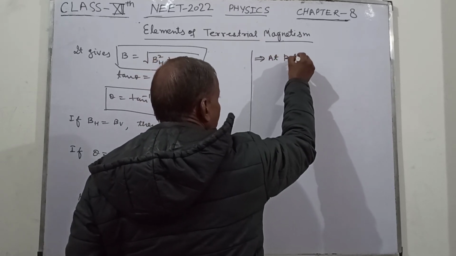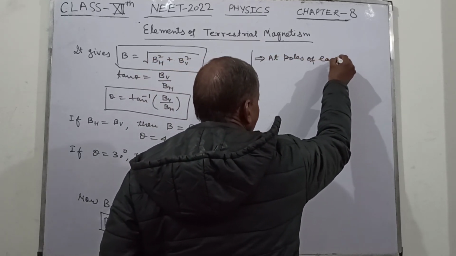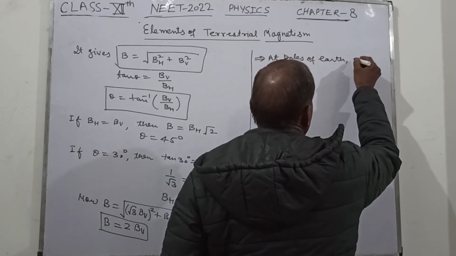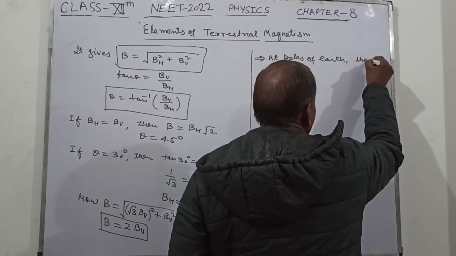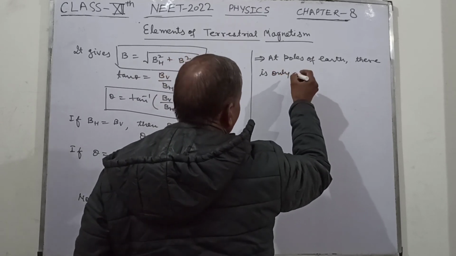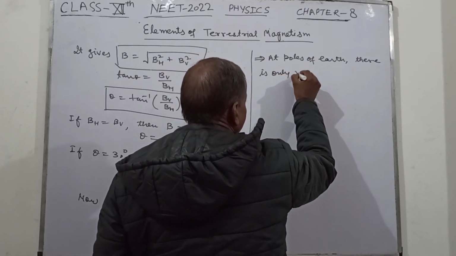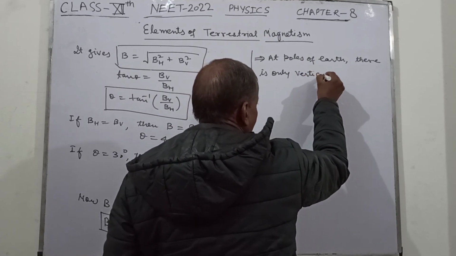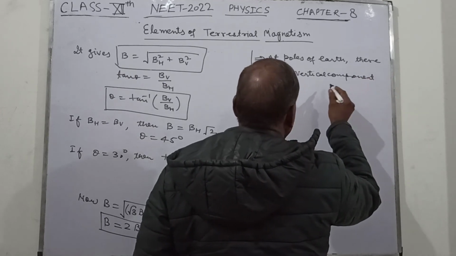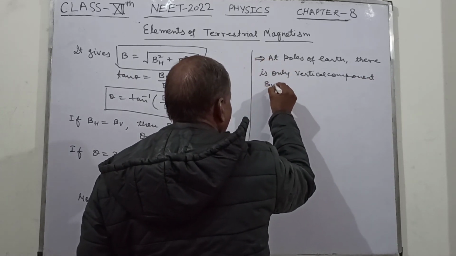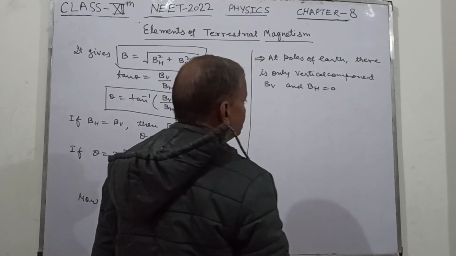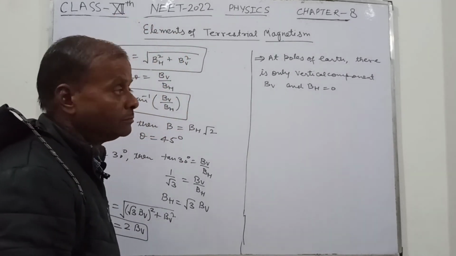At poles of Earth, there is only the vertical component, vertical component BV, and BH is equal to 0.